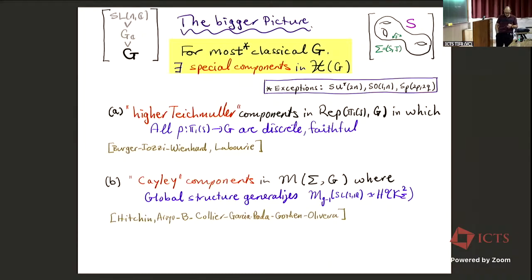So in settings where you replace SL2R by higher rank Lie groups, or real forms of complex simple Lie groups, then in fact, it turns out for most of the real forms, not all, there are some exceptions, but for most of them, the moduli space of G-Higgs bundles, or by the non-abelian Hodge correspondence, the representation variety, turns out to have special components that have many of the features that the Teichmüller components in SL2R had. So that's why this is called higher Teichmüller theory.